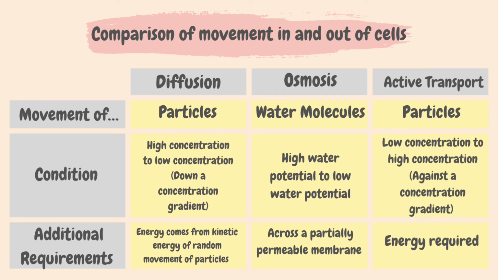In osmosis, the water molecules move from a place of high water potential to a place of low water potential. In diffusion, the particles get energy from the kinetic energy of their random movement. And in active transport, particles need energy from respiration. In osmosis, the water molecules move across a partially permeable membrane.